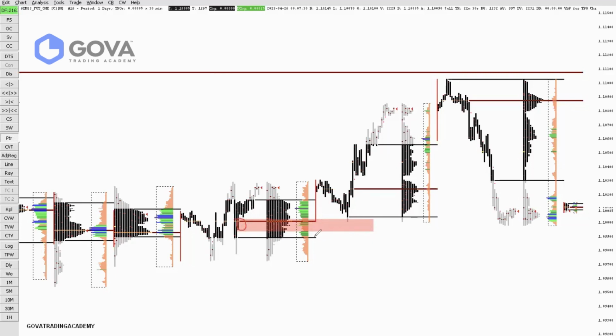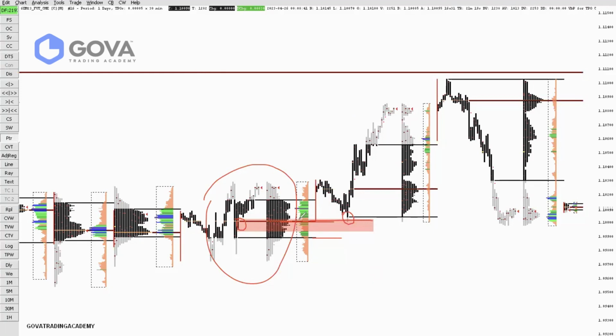Number one is that you can see this is the value area low, this is the value area high, and this red line here is the point of control. Now, I can see that this is the previous week's market price area. When the new week opened from here, from this initial balance, we can clearly see that market price referenced the point of control of the previous week.